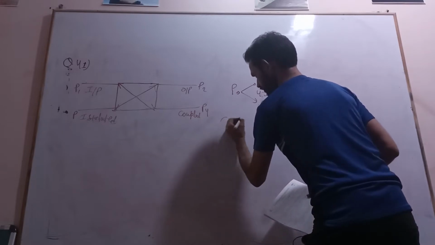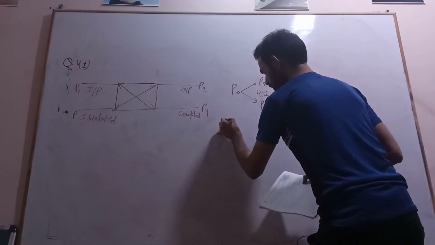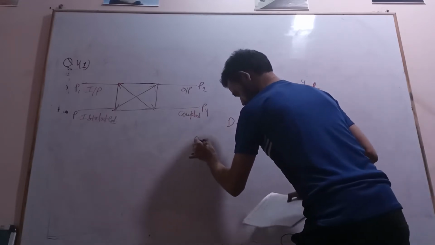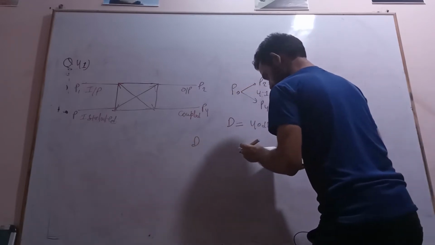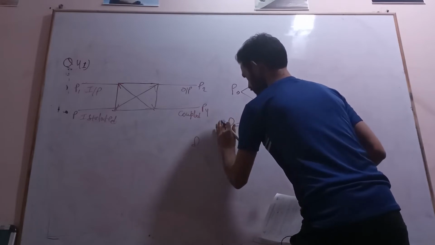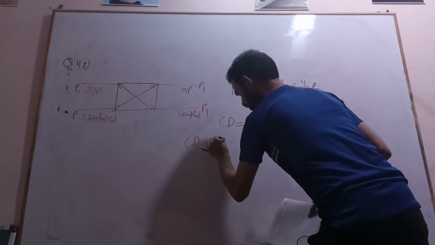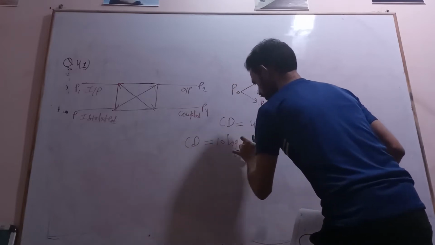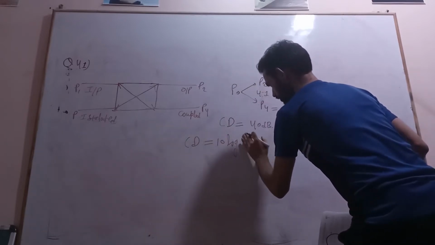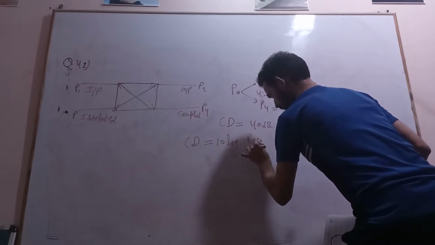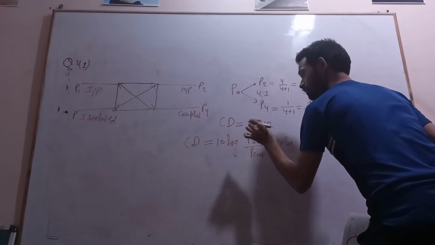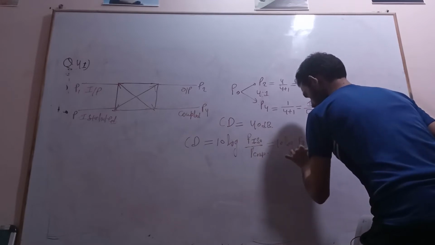The directivity of the coupler is 10 log of the isolated power by the coupled power, which is nothing but 10 log P3 by P4.